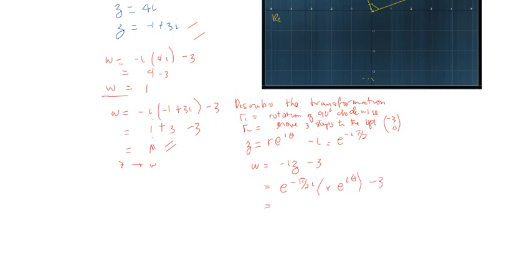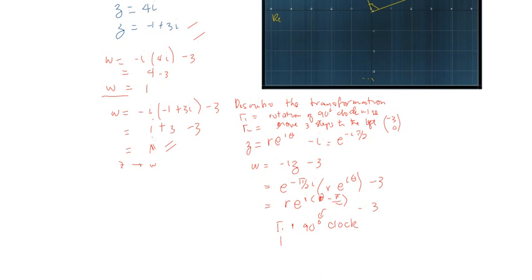This gives us r e to the i theta minus pi over 2, then minus 3. So this represents the transformation of 90 degrees clockwise.